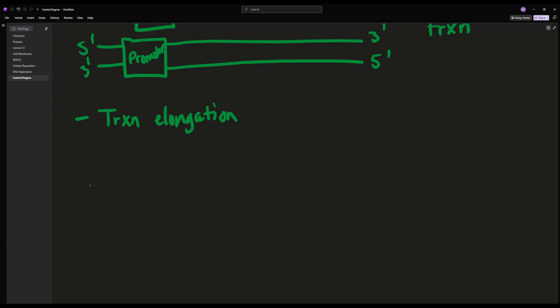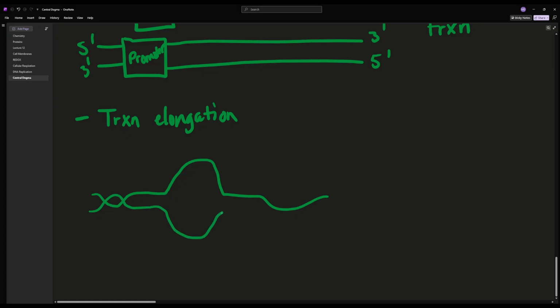So what's going to happen? Let's draw something like that, maybe. Cool. That way it's maintained. And then we'll put 5 prime here, 3 prime, 3 prime, 5 prime. Okay, so this is our DNA, and we can draw in our RNA polymerase around it.